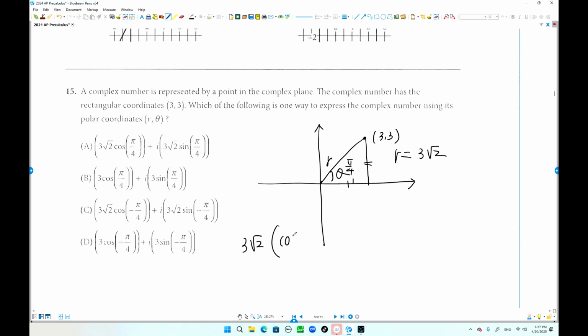And the cosine pi over 4 plus i sine pi over 4, right? That's the answer. Or you can use cis: 3√2 cis pi over 4, right? Cis means cosine plus i sine, okay?